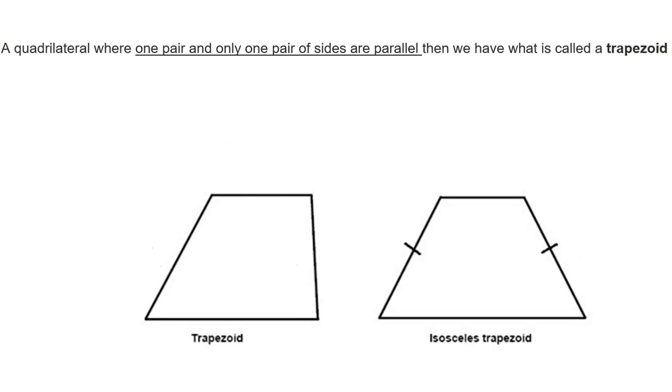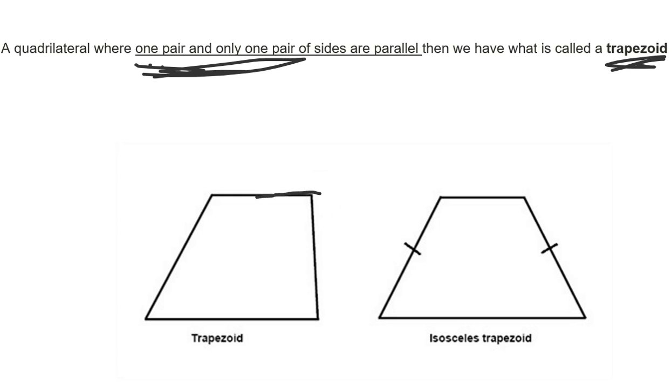Another quadrilateral that has another set of relationships would be a trapezoid. And a trapezoid is when one pair and only one pair of the sides are parallel, and the other two legs obviously are not.